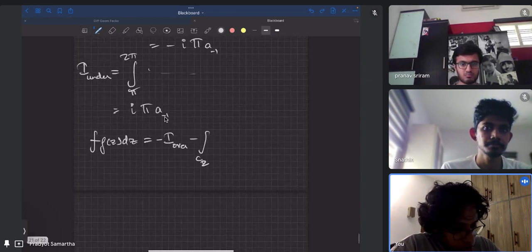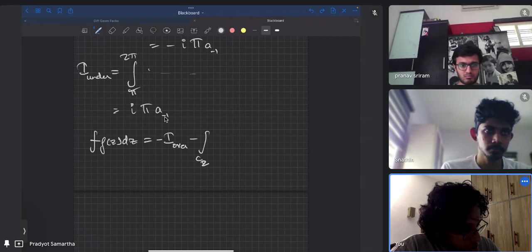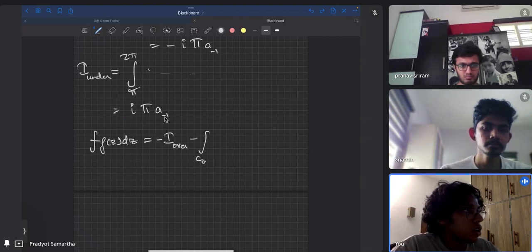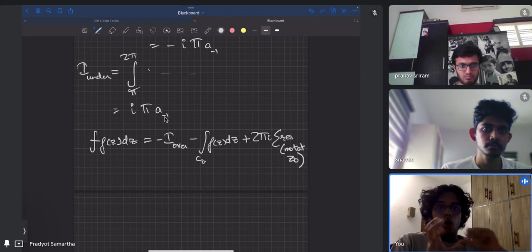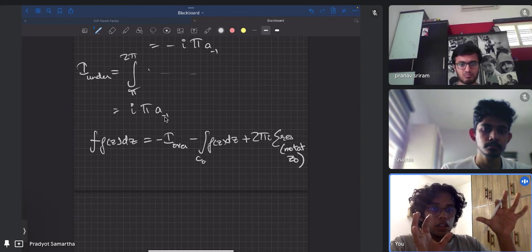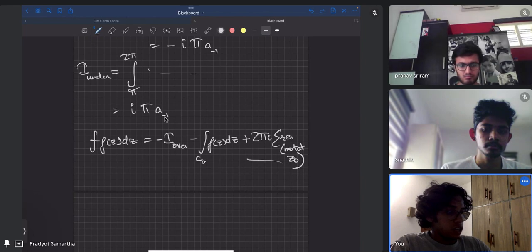Since we have used this convention already, let's take this as C naught. So the integral over C naught of f of z dz plus 2 pi I times the summation of residues that are not at z naught, so any outside residues elsewhere in the contour. You'll have the summation of all these residues as well.